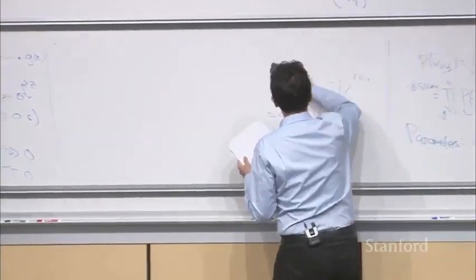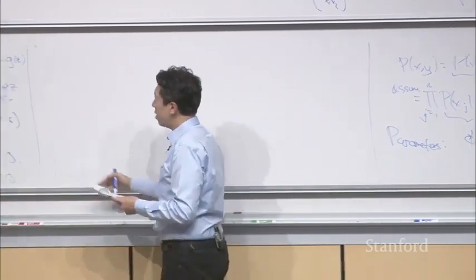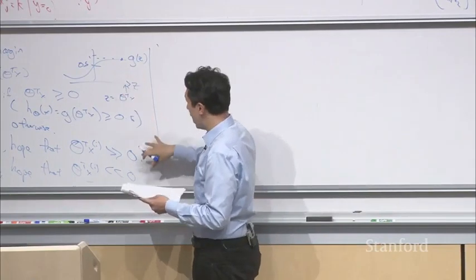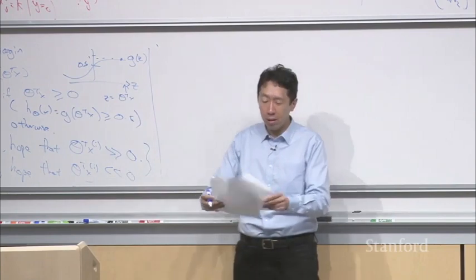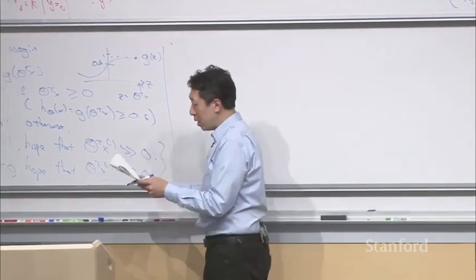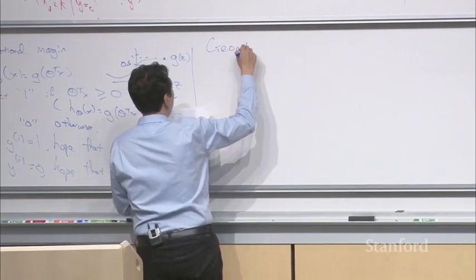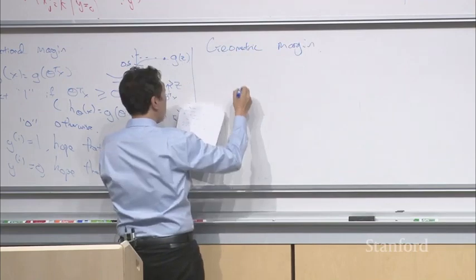So the functional margin, which we'll define in a second, captures this idea that if it classifies with a large functional margin, it means that these two statements are true. To look ahead a little bit, there's a different thing we'll define in a second, which is called the geometric margin, and that's the following.